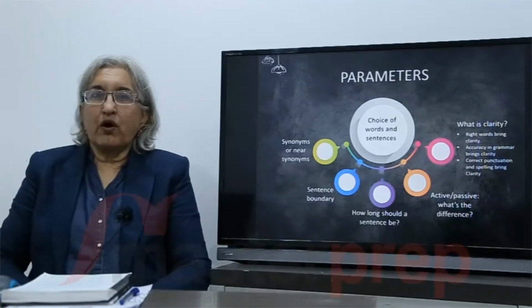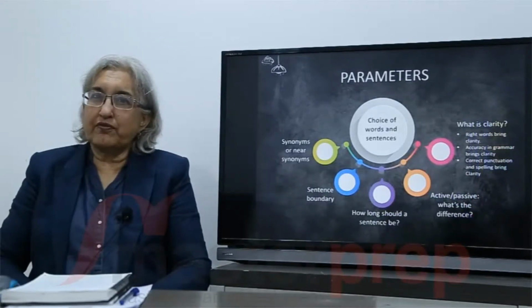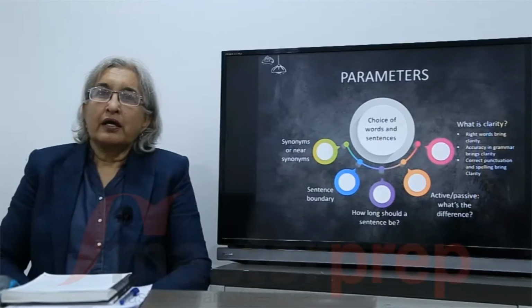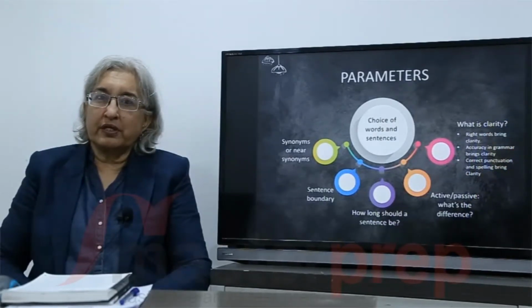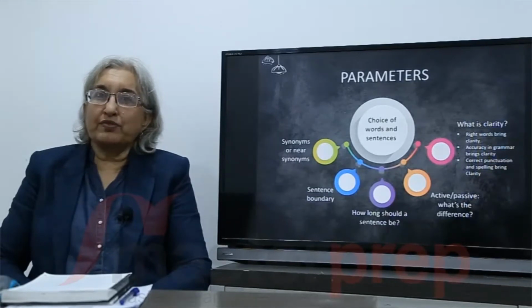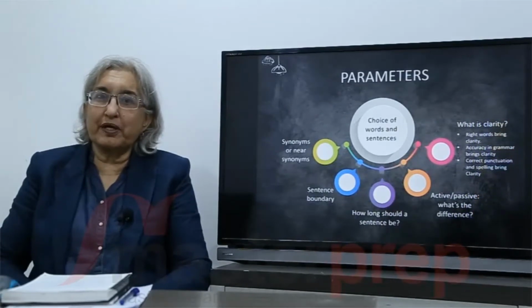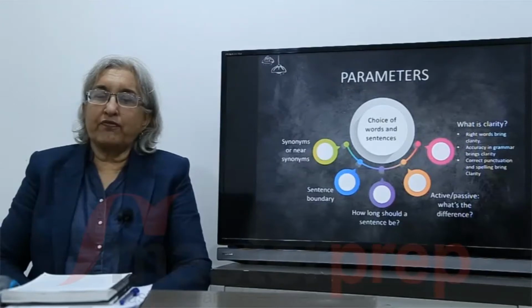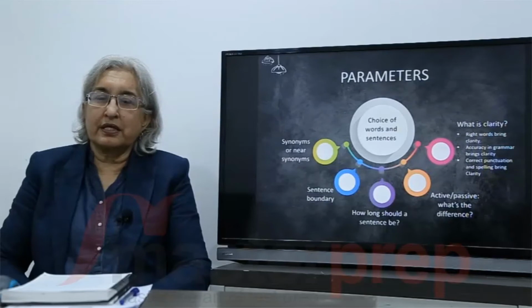So finally, what is clarity in the composition of an essay? It results in the good composition. Clarity comes from the use of right words. Clarity comes from accuracy in grammar, such as the correct use of subject-verb agreement, prepositions, articles, singular and plural nouns, and other parts of sentences and the connection between sentences.